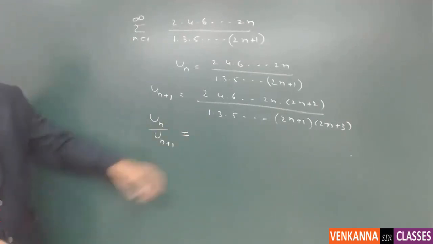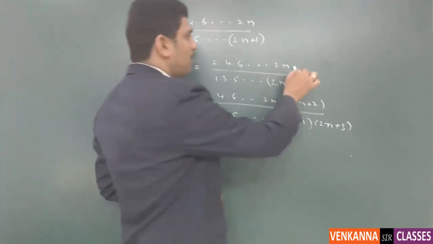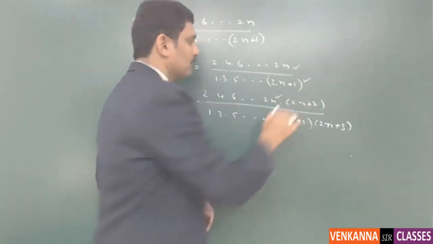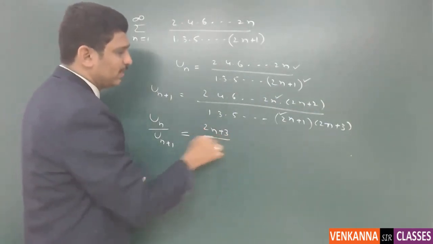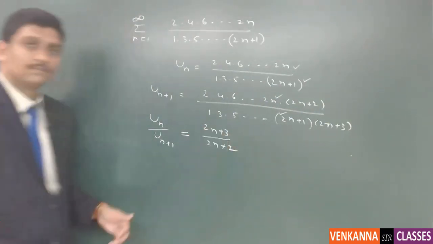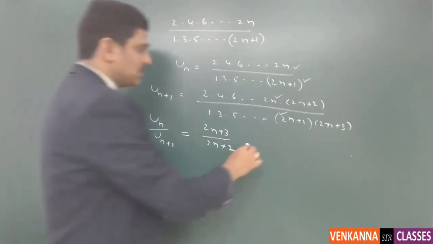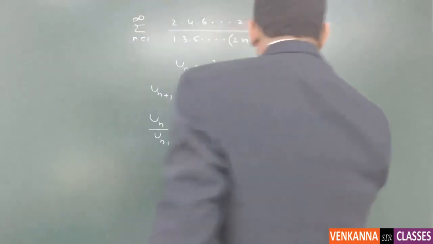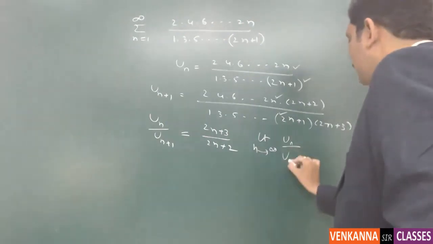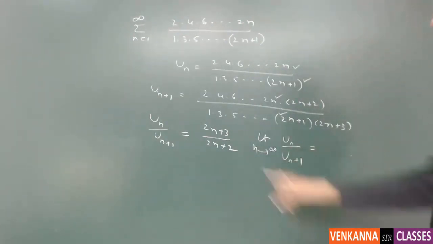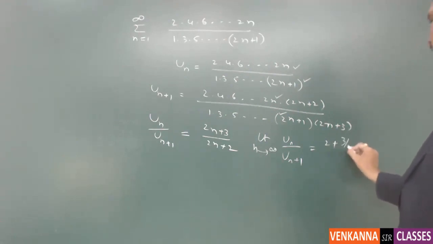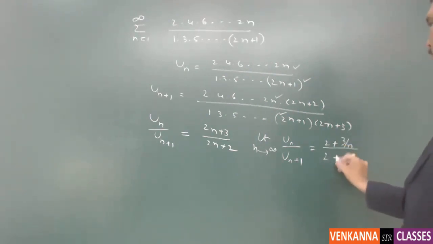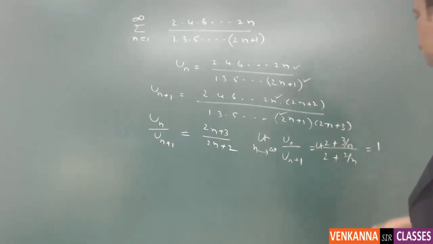Comparing the terms, up to this part is common. So the ratio is 2n plus 3 by 2n plus 2. If you apply limit n tends to infinity, un by un plus 1 equals 2 plus 3 by n by 2 plus 2 by n, the limit of this value equals 1.